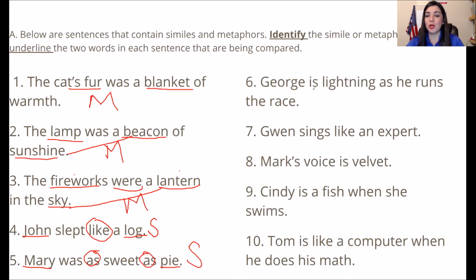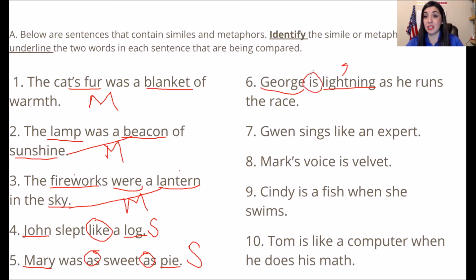Number six, George is lightning as he runs the race. George is the subject being compared to lightning. So we're saying he is very fast, just like lightning travels very fast.